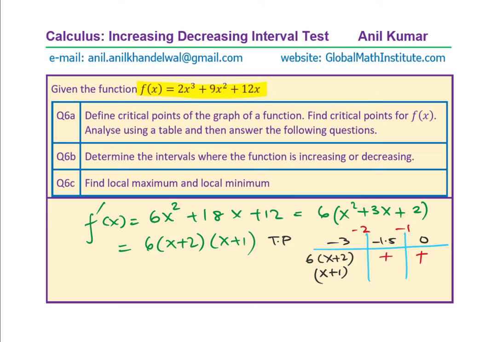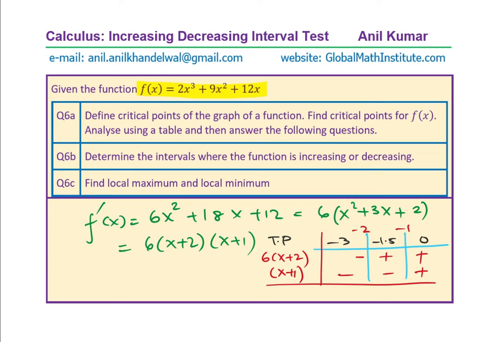This is also positive. But here it is going to be negative for minus 3. So, in fact, I should write it more towards the left, right? So let me write these factors as 6, x plus 2, and the other one is x plus 1, correct? So for minus 3 it is negative. As far as x plus 1 is concerned, these signs will be negative and then positive.